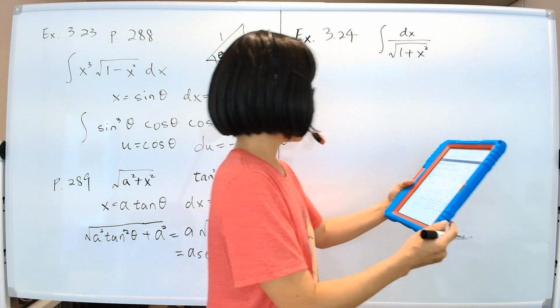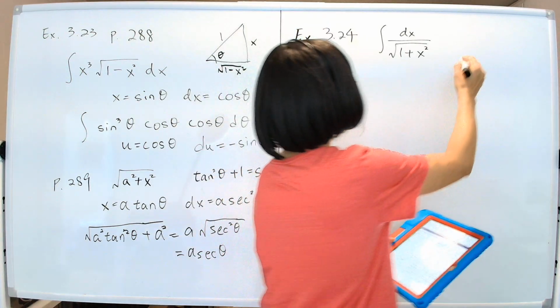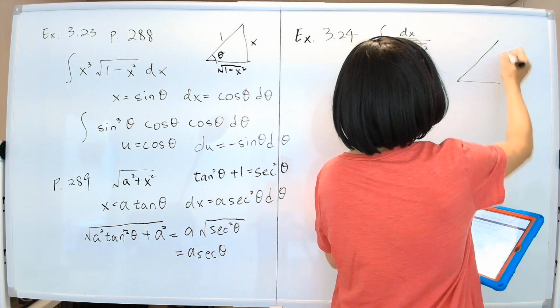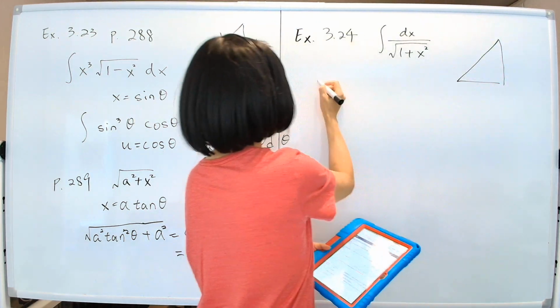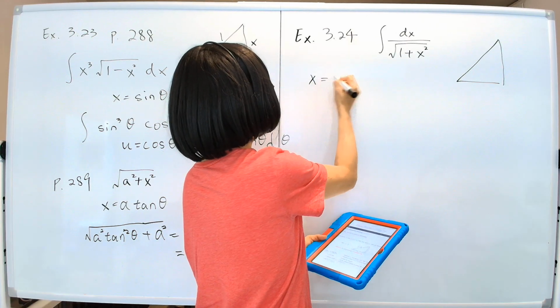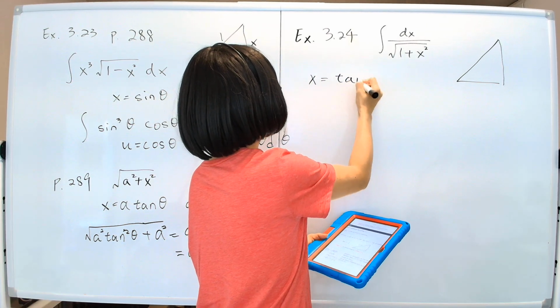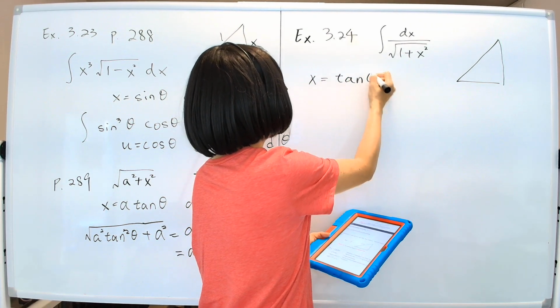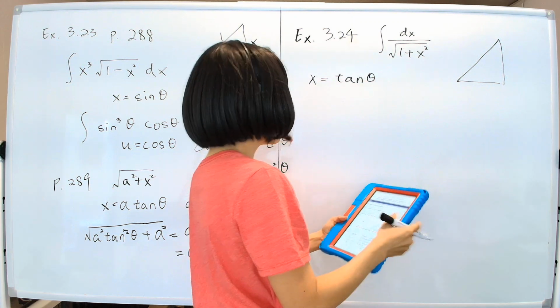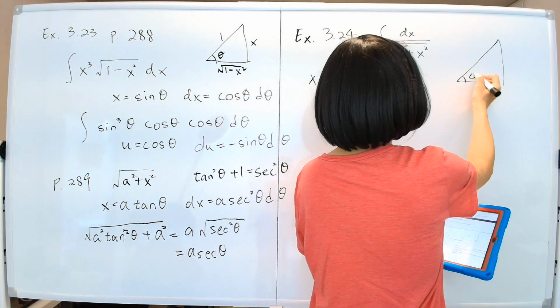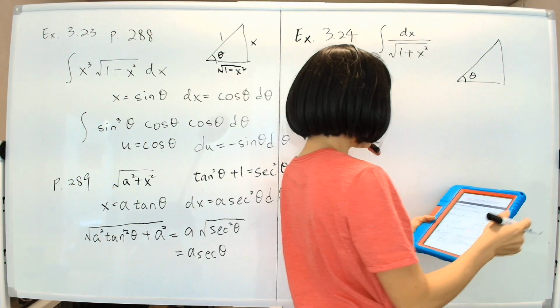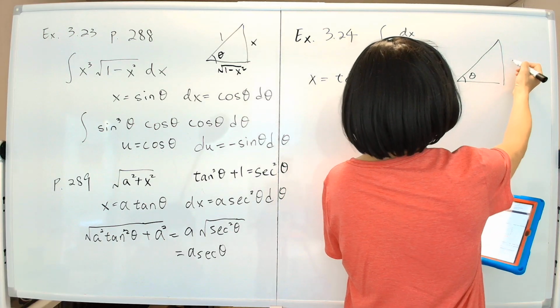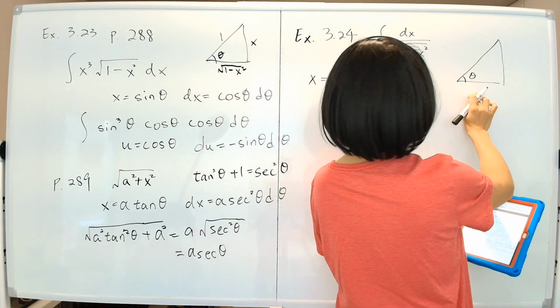Let's draw it. All right. In this case, first, write down x equal to tangent theta. A is 1 in this case, tangent theta. And then we have our theta here. What is tangent theta? Tangent theta means x over 1, this side over this side, is tangent theta.